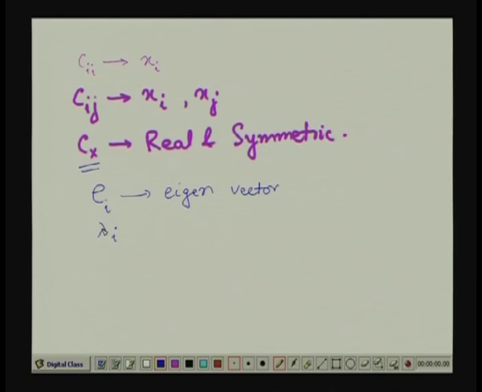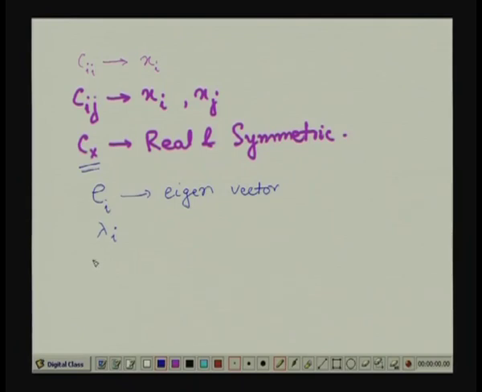We assume that these eigenvalues are arranged in descending order of magnitude, that is, lambda j is greater than or equal to lambda j plus 1 for j varying from 1, 2 up to n minus 1.